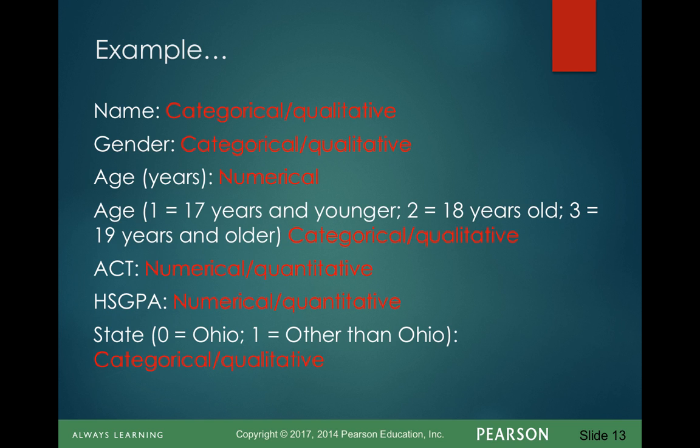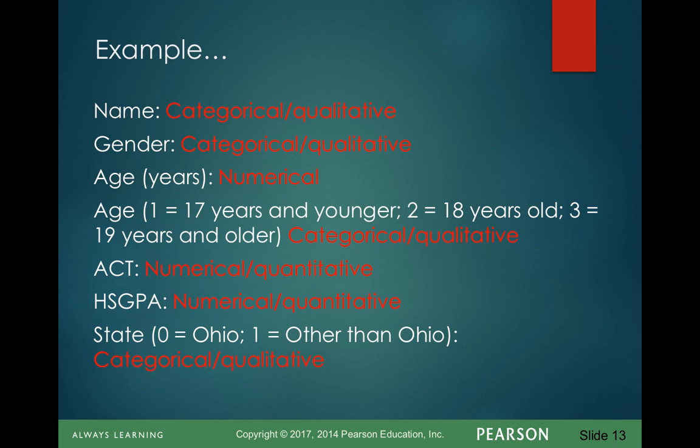So guys, if we go through these, we can see that name would be categorical, qualitative, gender would be categorical, qualitative, your age in years would be numerical because it would be a number, but your age classified as a category, 1, 2, or 3 in this situation, would be categorical or qualitative. A lot of times we do age groups like I've done here.